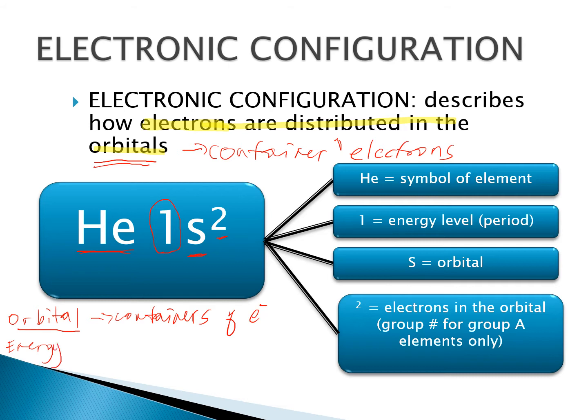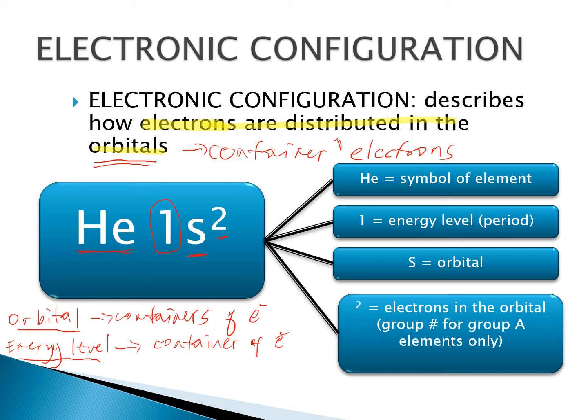So what is this energy level? Energy level, class, is another term for container of electrons. So both of them are containers of electrons. How are they related to one another? Take note, class, that energy level is bigger than the orbitals.